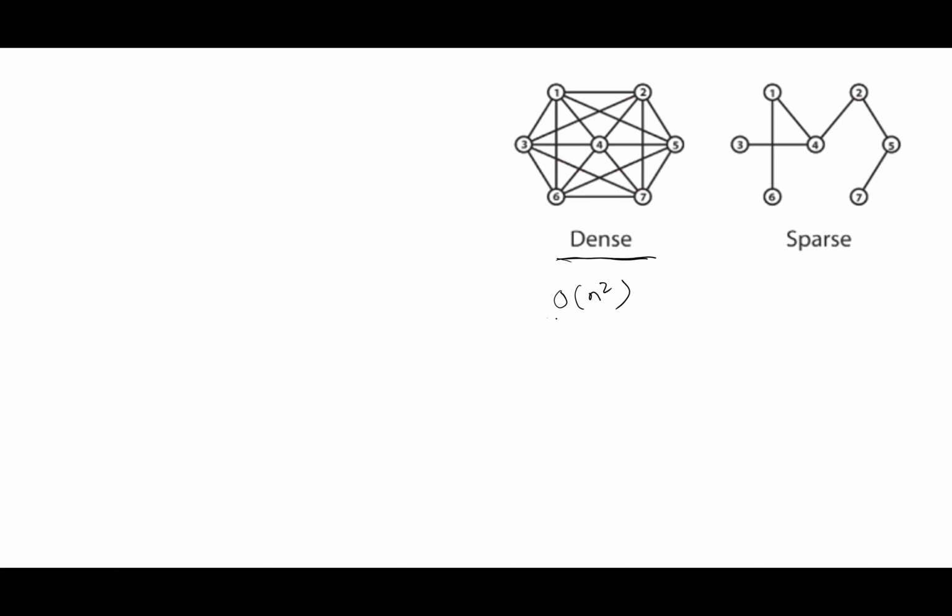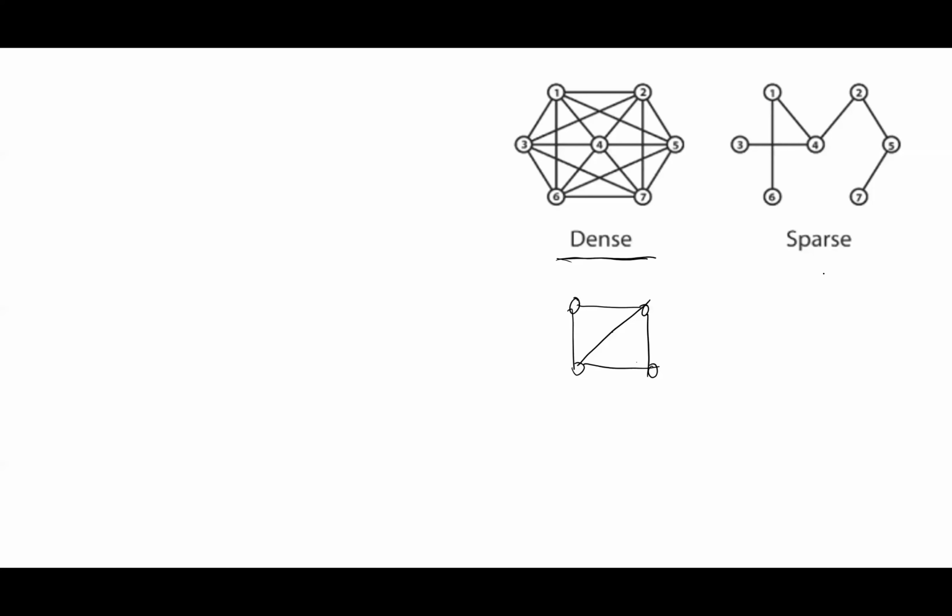You don't necessarily need all the edges to be a dense graph. Say I give you one example here. You see almost all the vertices are connected to each other, but this is not connected to this. But it's a dense graph because it has almost all the edges possible.